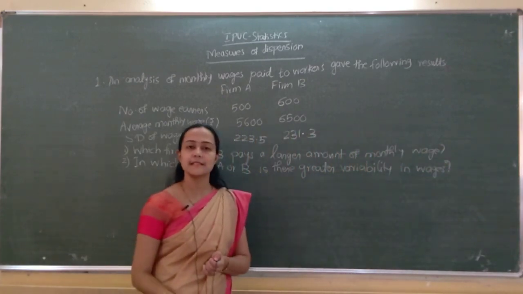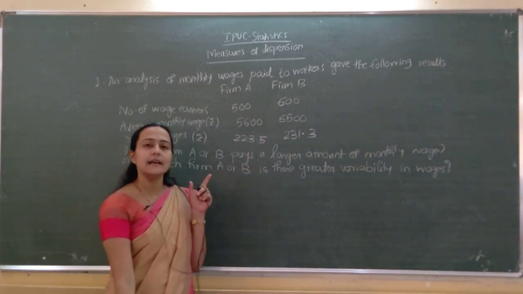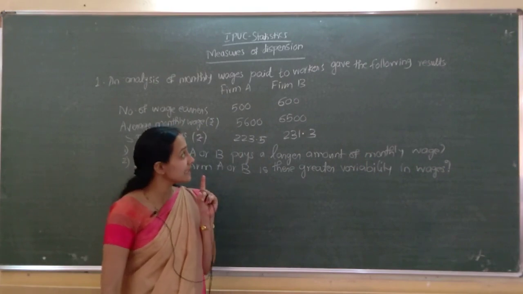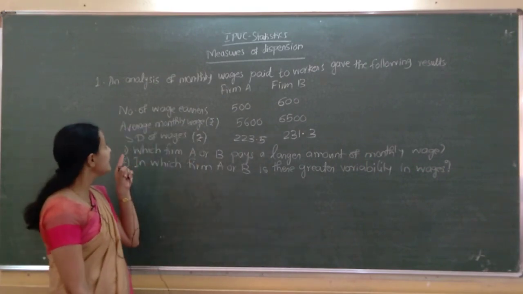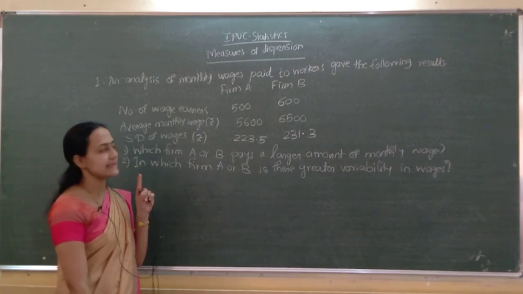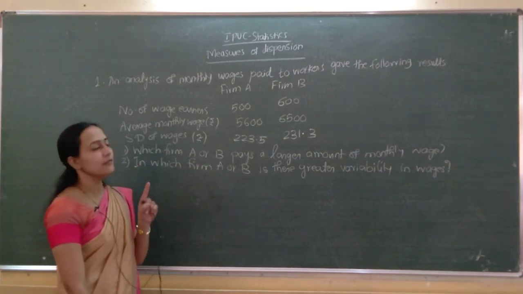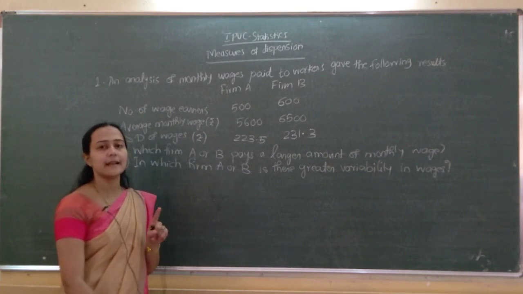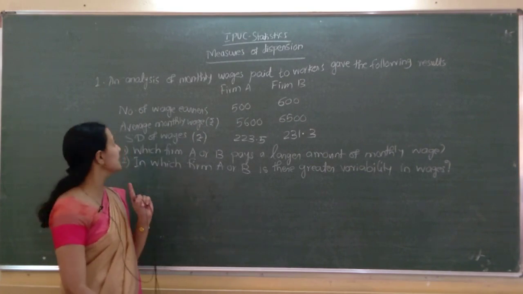Okay. See, first listen here. First read the question twice. An analysis of monthly wages paid to workers gave the following results for two firms, firm A and firm B. So what all is given here?